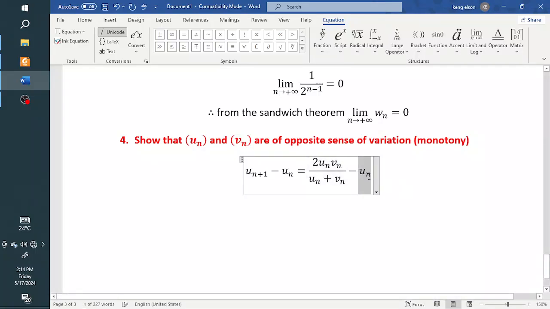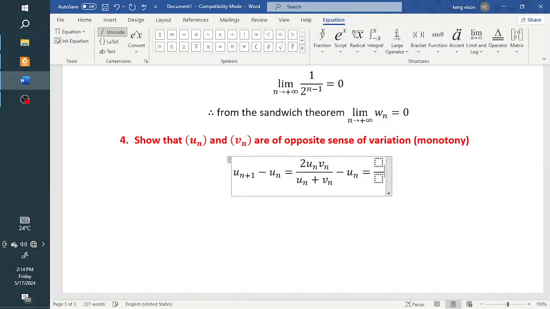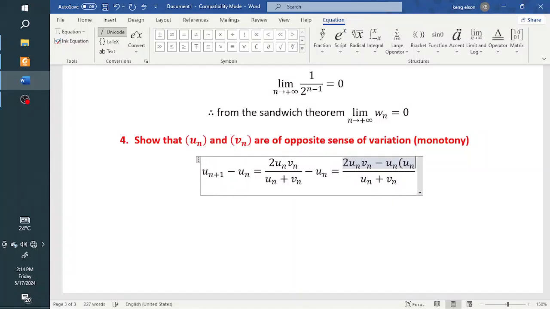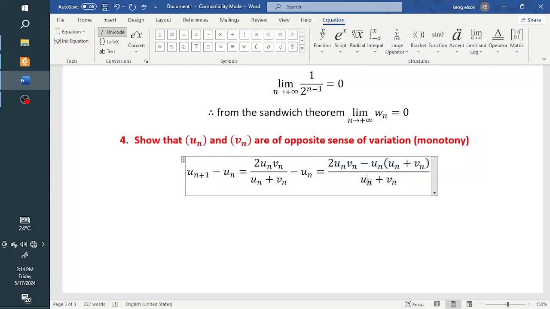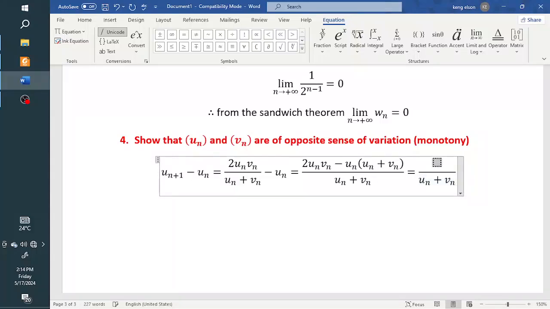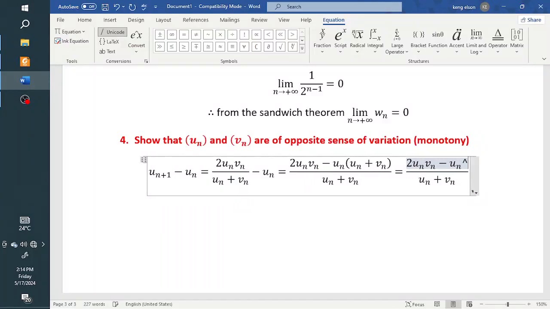Now my Un stays. Now the LCM is Un plus Vn. Now when we divide, we are just going to be left with 2Un Vn minus Un times Un plus Vn. Now let us simplify. Alright, so if I simplify, my denominator still stays as Un plus Vn. My numerator, I have 2Un Vn minus Un times Un is Un squared.